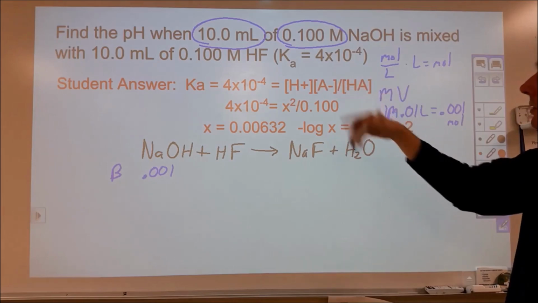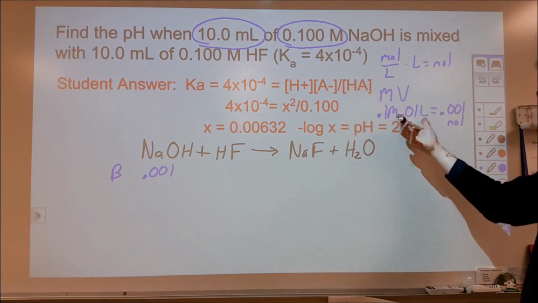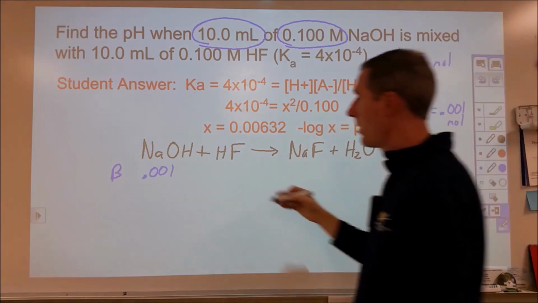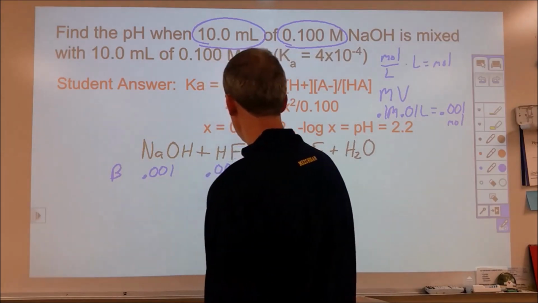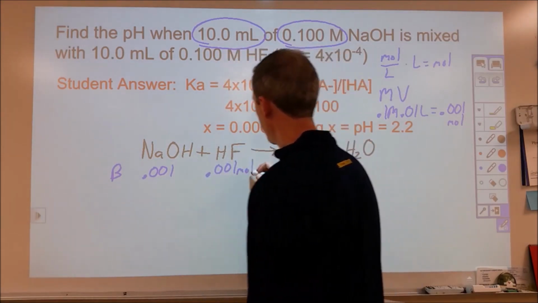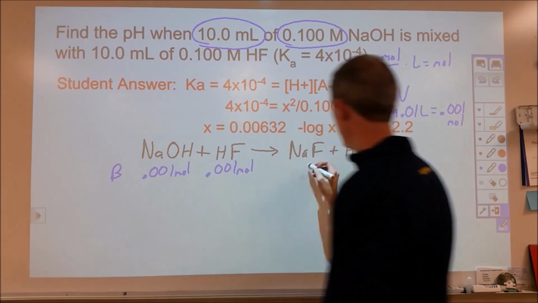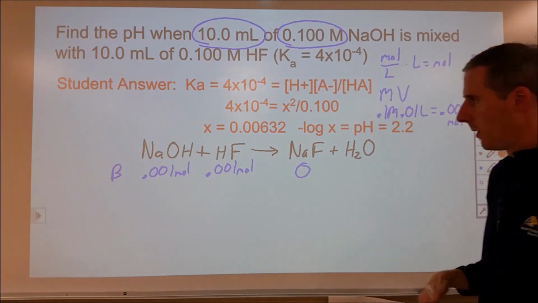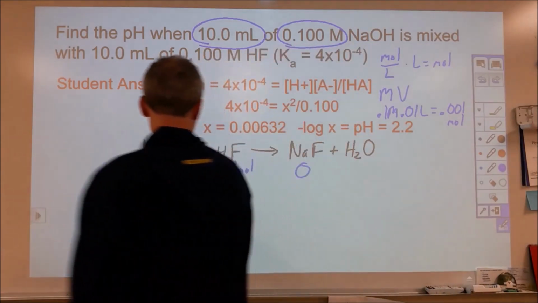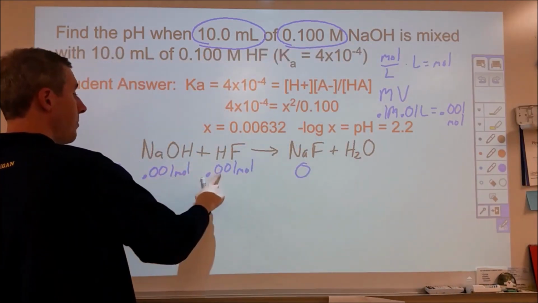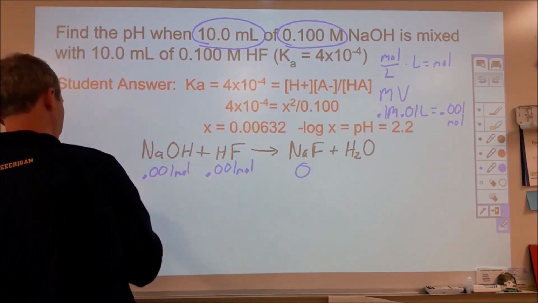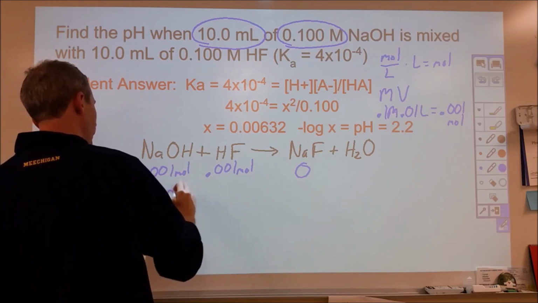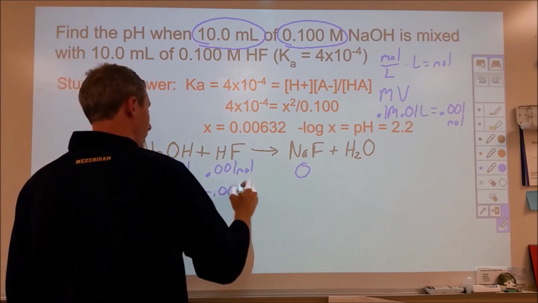Then I mix it with 10 milliliters of 0.1 molar hydrofluoric acid. That's going to be the same calculation, so I also have 0.001 moles of hydrofluoric acid. Let's assume I start with 0 of the product, and we don't really worry about the water in this particular case. When these react, they react completely. They have the same moles, and they react in a 1-to-1 mole ratio, so this is going to completely react, and this is going to completely react.